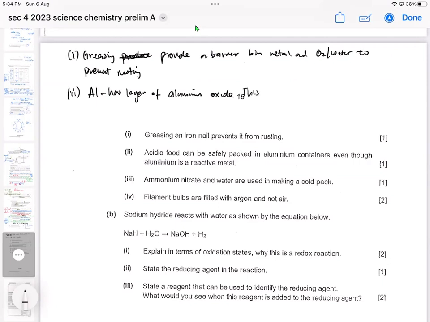So we say this coating actually prevents the food from coming into contact with the metal directly. With this barrier, the food doesn't interact with the reactive metal.